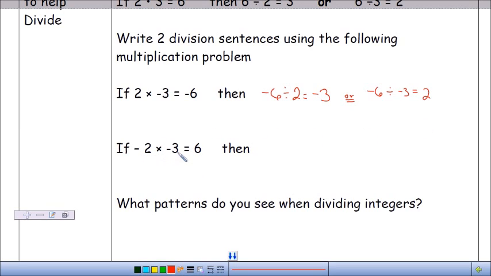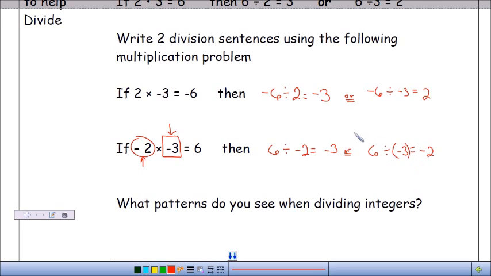If we have negative 2 times negative 3 equals positive 6, then that means that positive 6 divided by the first integer, which is negative 2, is going to give me the second integer, which is negative 3. Or we can switch things around. We can say that 6 divided by this negative 3 is equal to this negative 2.